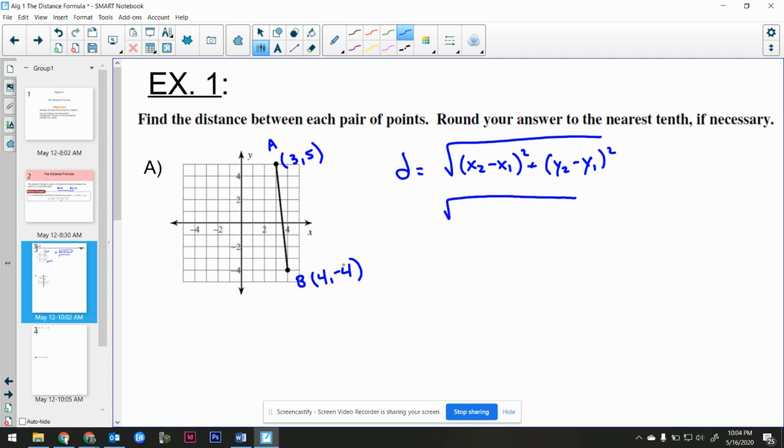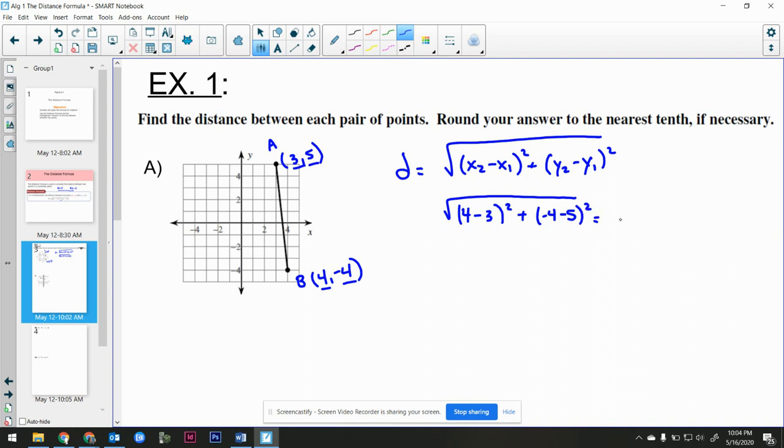But make sure you keep track. So I like to call one point A and one point B, and just go from there. So that means my x2 is going to be 4. My x1 is going to be 3. And that's right here, right? x2, x1, y2, y1. So we've got -4 minus 5.